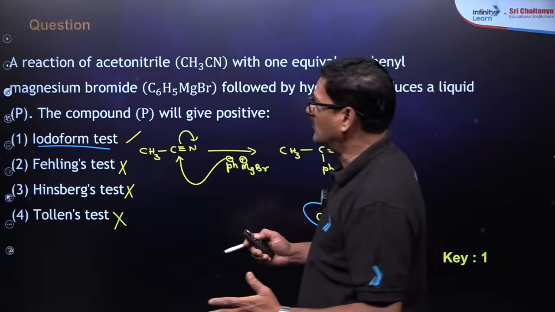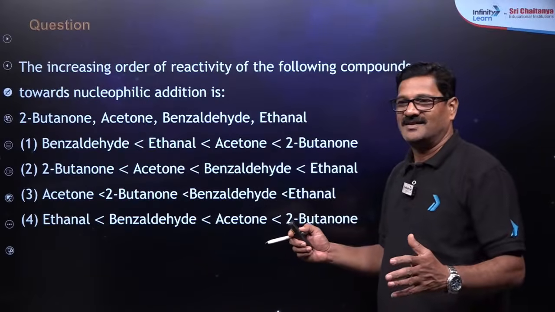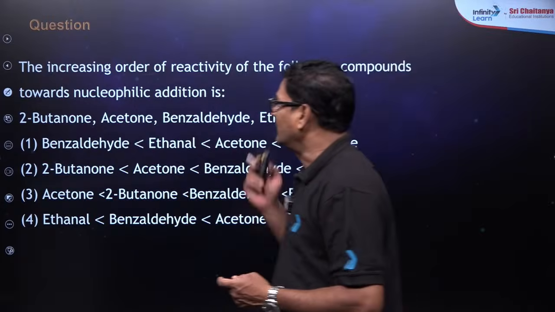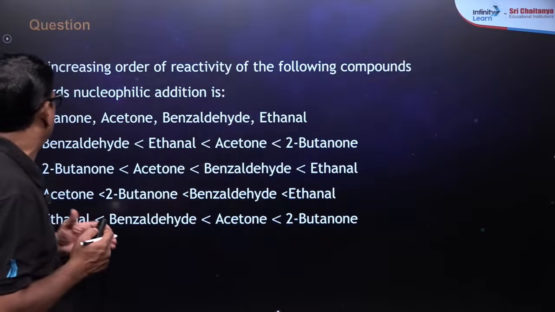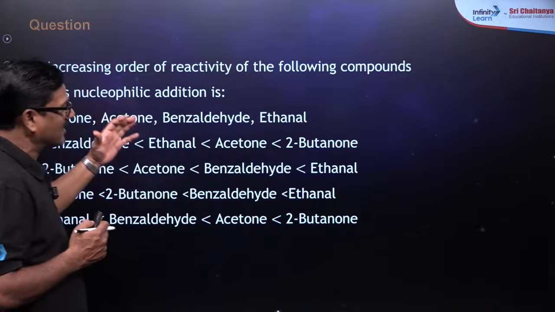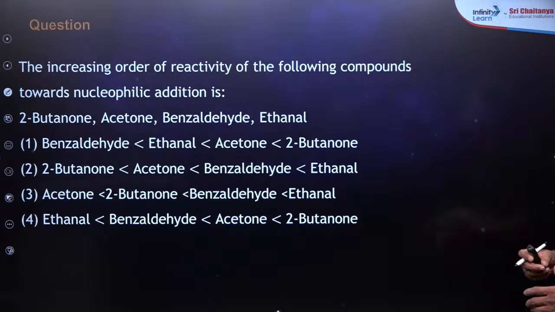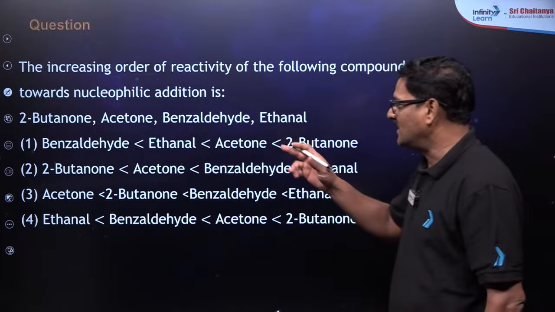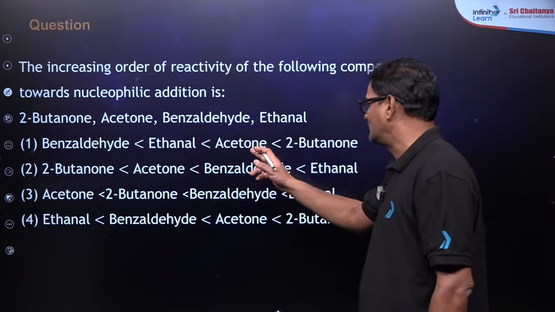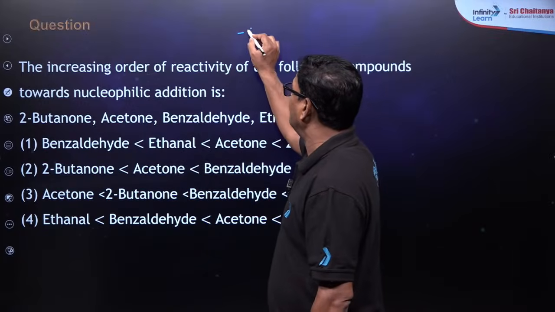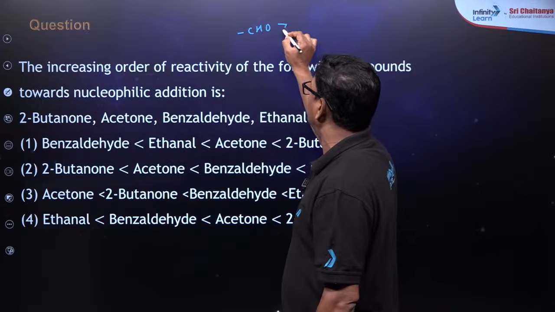So moving ahead, one more question I just want to give you. So rapid fire round. The increasing order of reactivity of the following compounds towards the nucleophilic addition reaction. Who is going to give the answer for this question? Benzaldehyde, ethanal, acetone, butanone. I am going to tell you here aldehydes are more reactive than ketones.